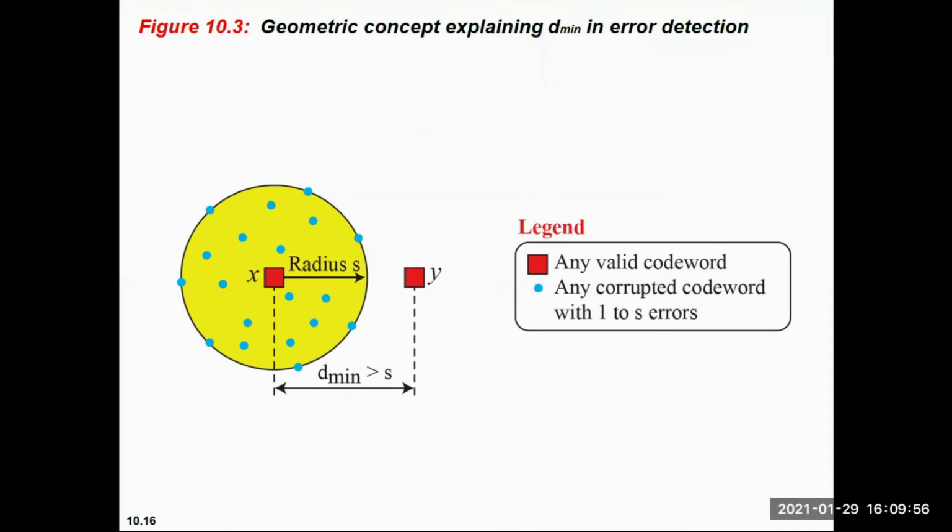This Hamming distance is an important concept to find out whether my code word is valid or not, and to what extent we can go so that I can easily detect whether the received code word has an error or not.